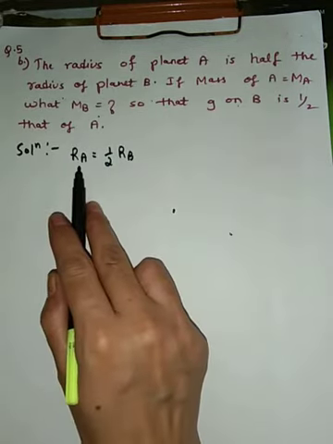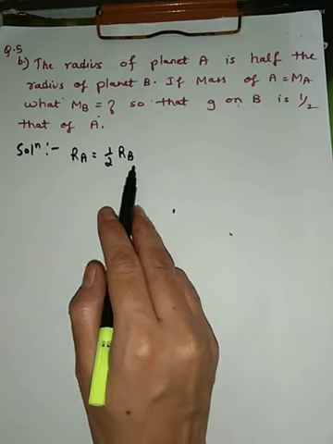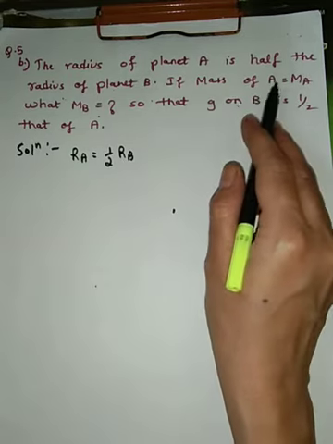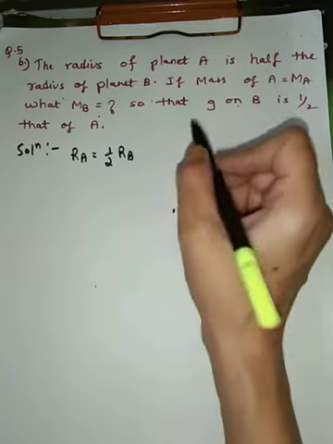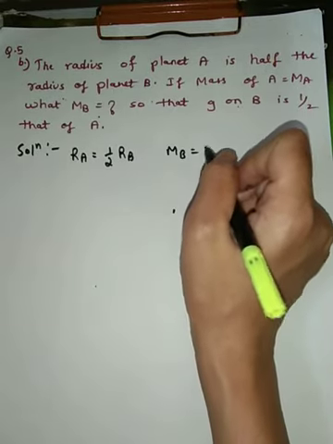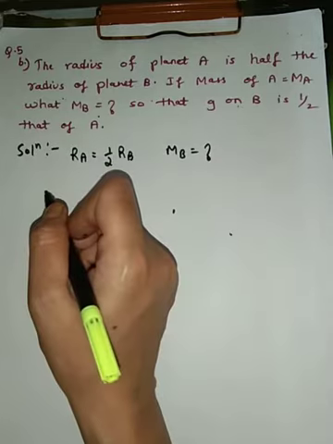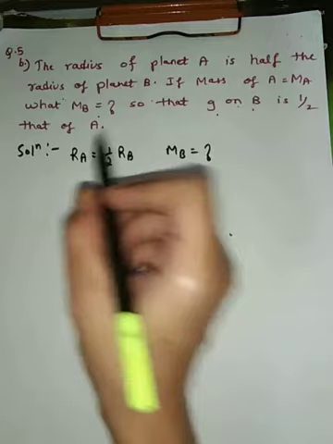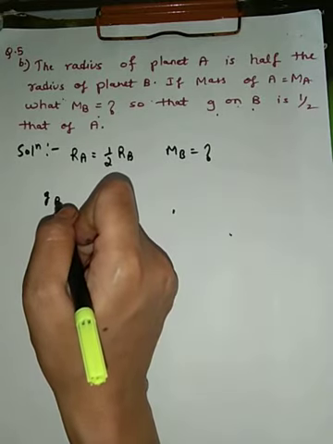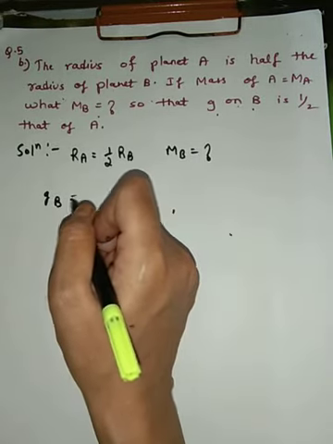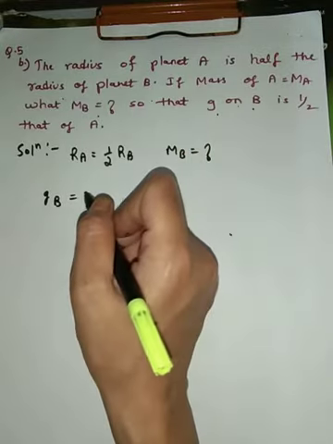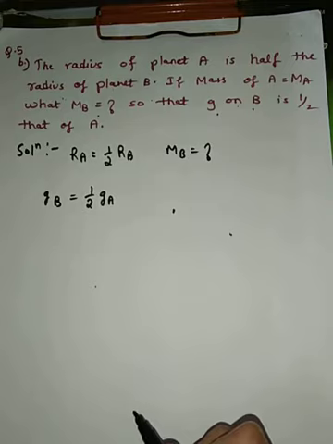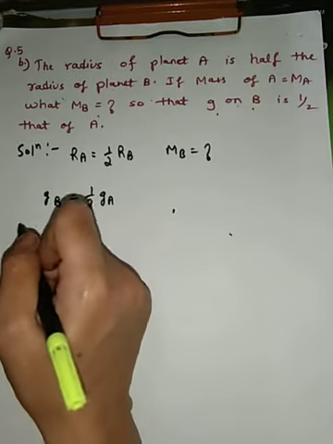If the mass of the planet A is MA, what is the mass of the planet B? So we have to find out what is MB, right? What more information is given? g value on B. So I will write small g value on the surface of the planet B is half that of the planet A. So gB is half of gA. Okay, this is given.